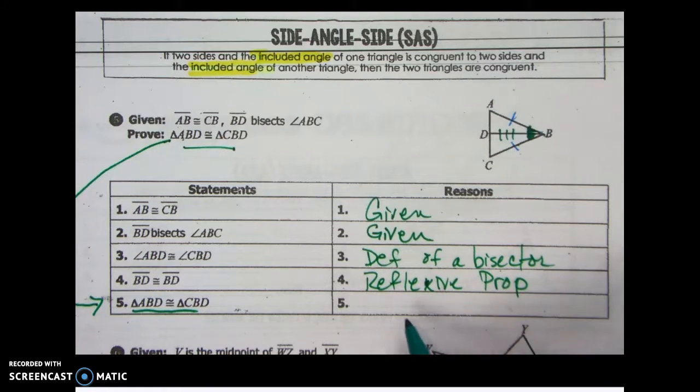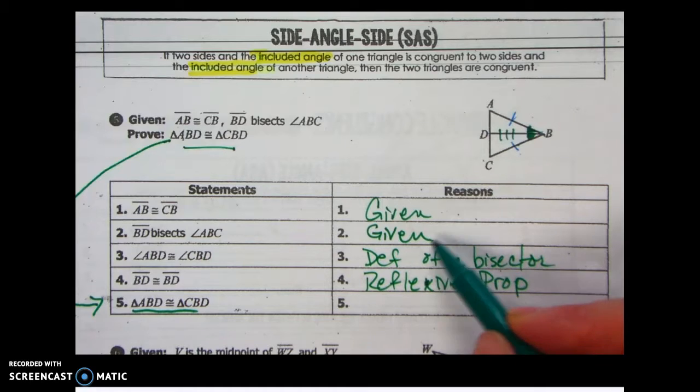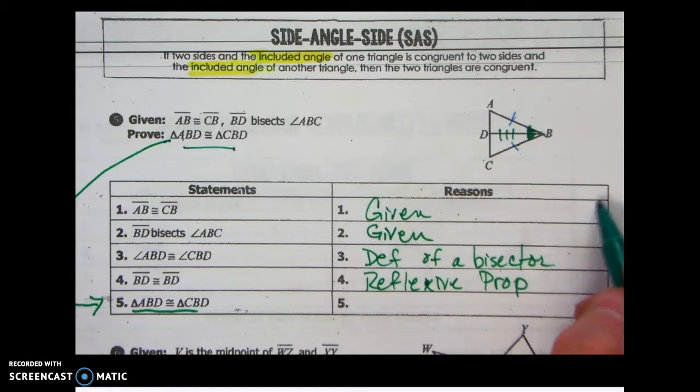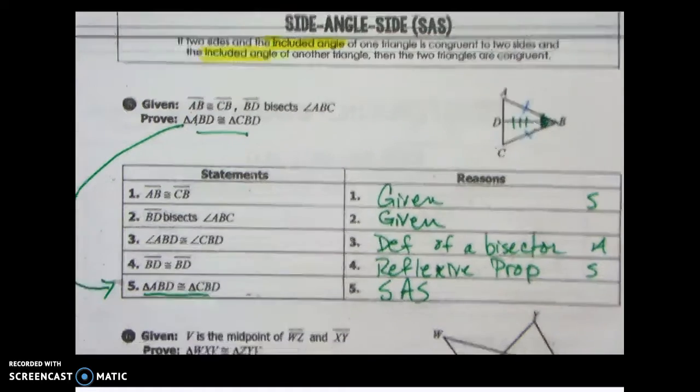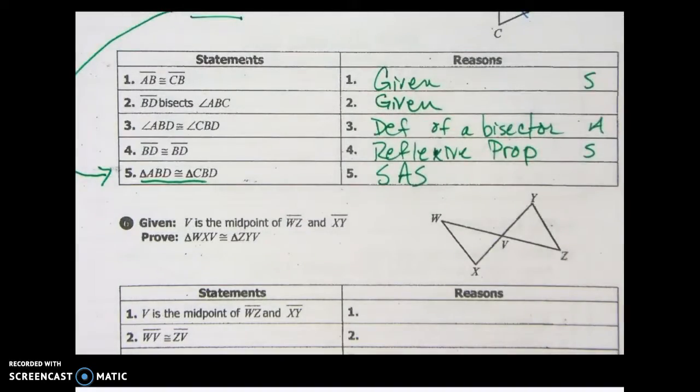That goes there, and then how did I do it? I did it by finding a side, then an angle, and then a side. Side, angle, side. Okay, let's take a look at the next one.